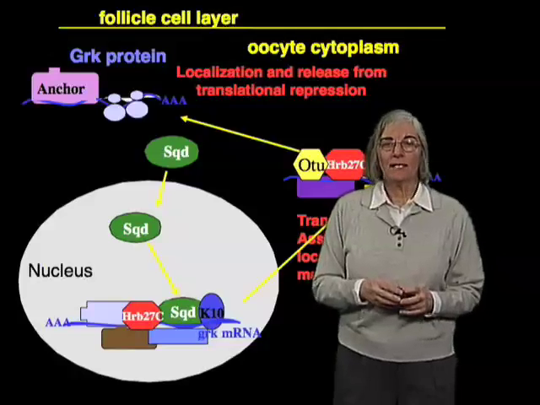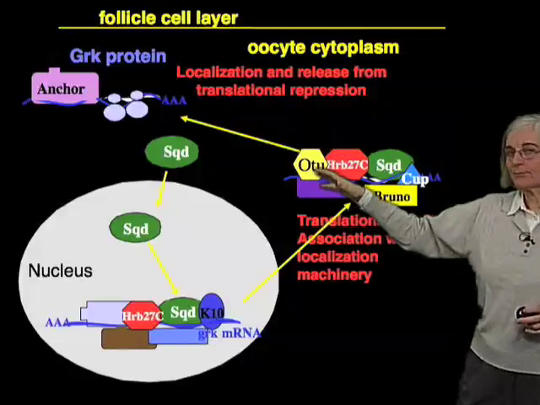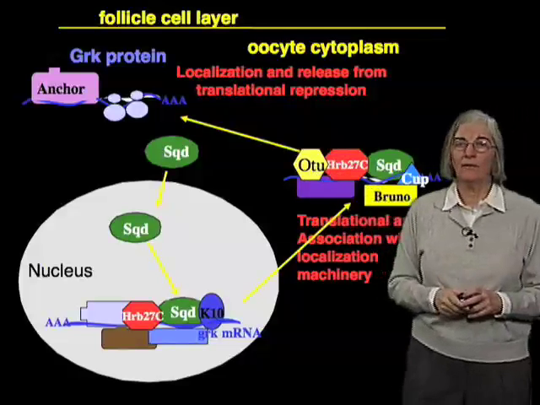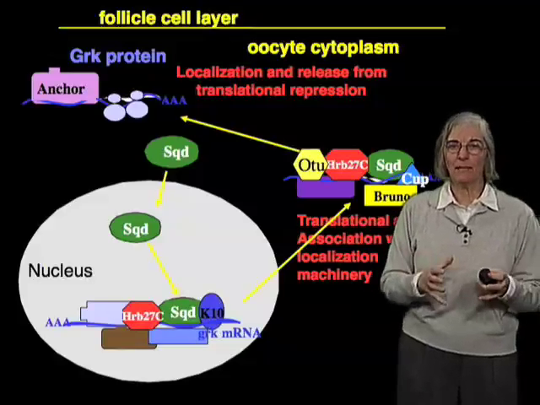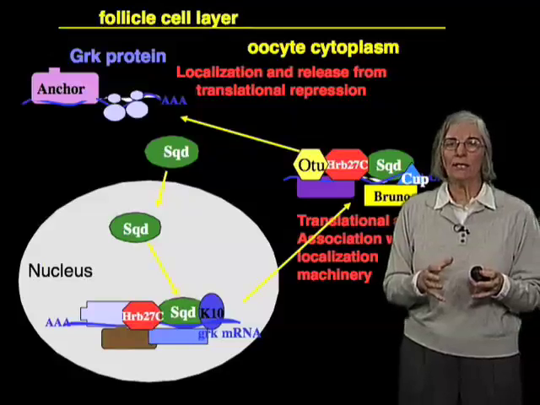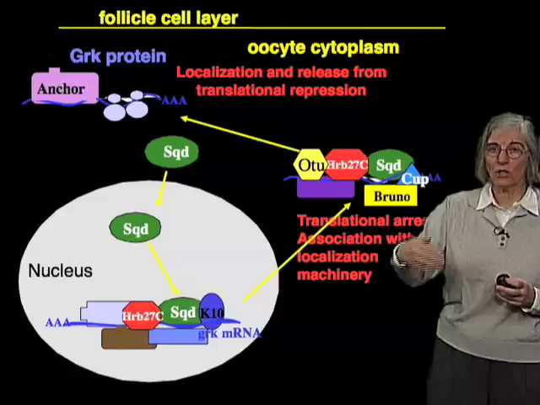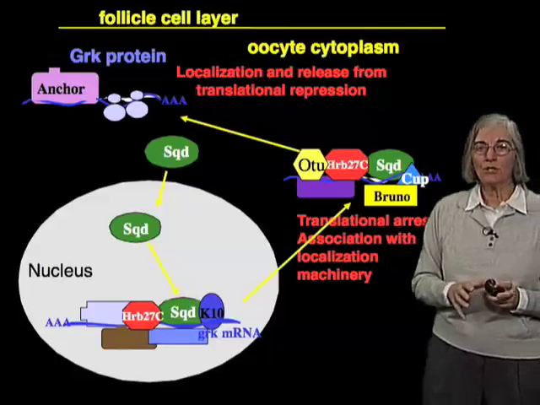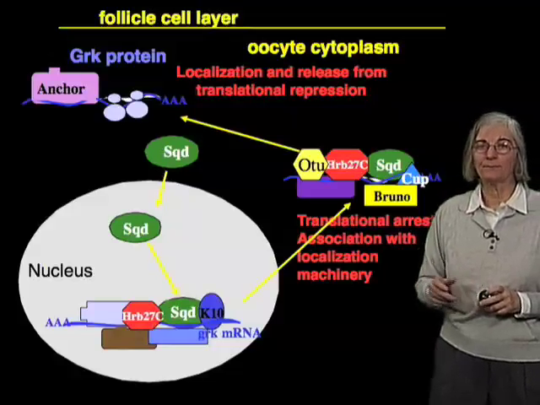These factors then seem to leave the nucleus with the RNA, and in the cytoplasm it appears that squid and HRB27C can organize a complex on the Gurken RNA that allows the RNA to move, to associate with the localization machinery, but also to keep the RNA translationally repressed.